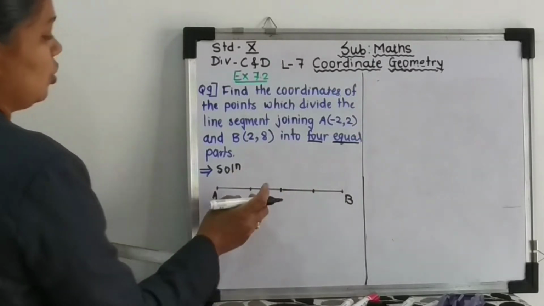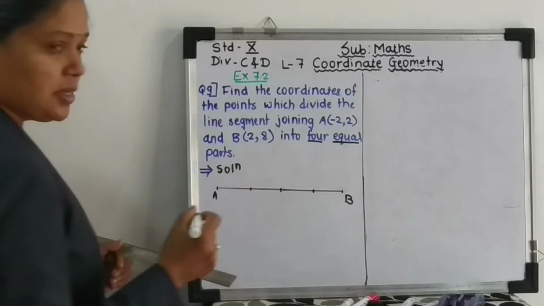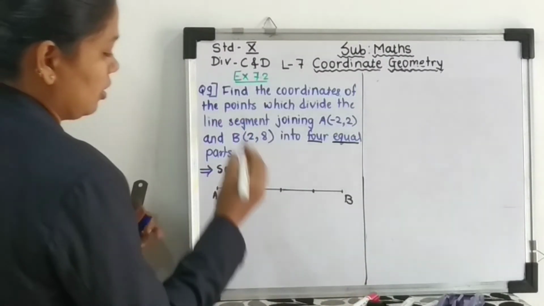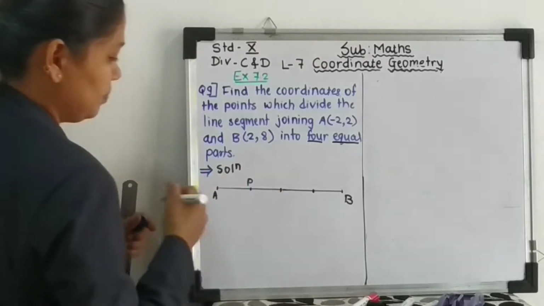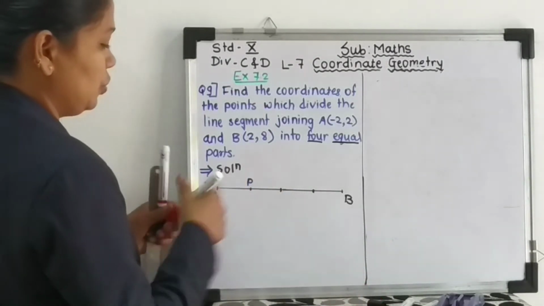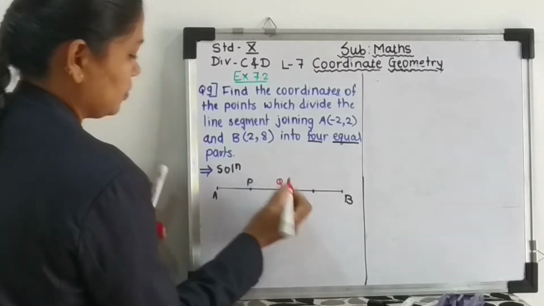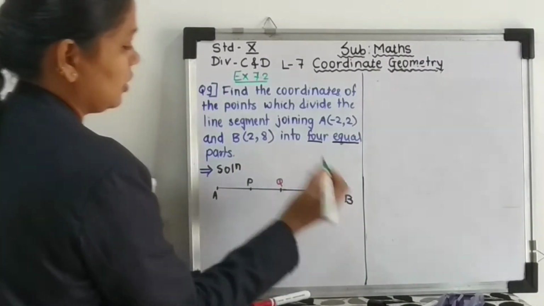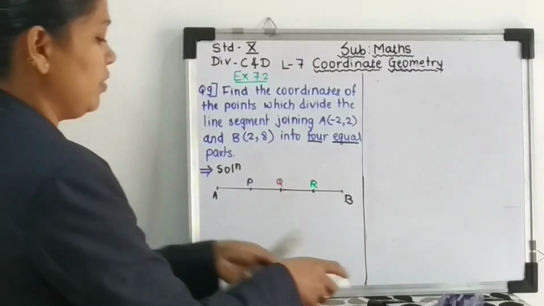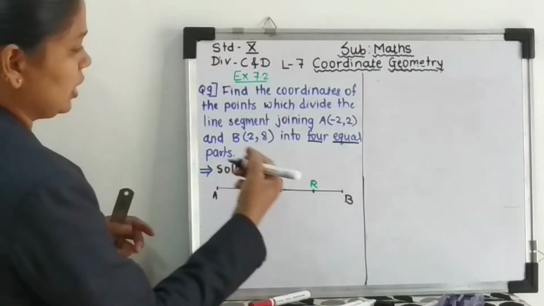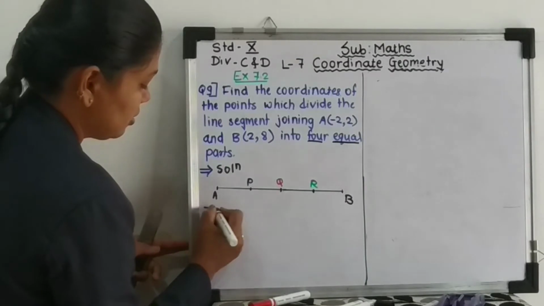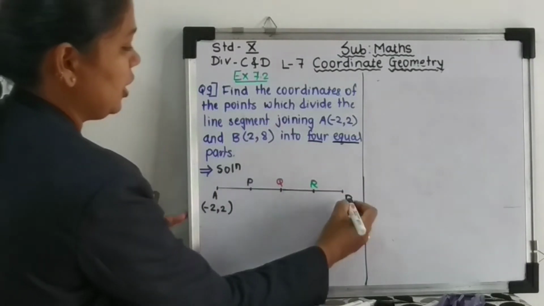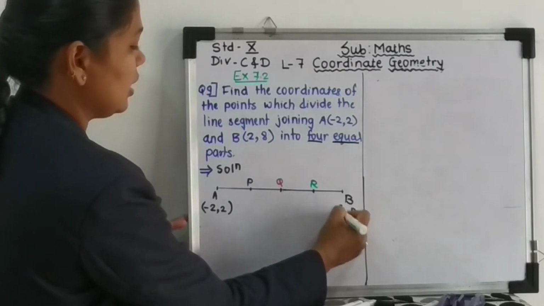Right? So these are the 4 equal parts. Let us label them as P, Q and R. Now we will write their points accordingly. A point is (-2, 2). B point is (2, 8).